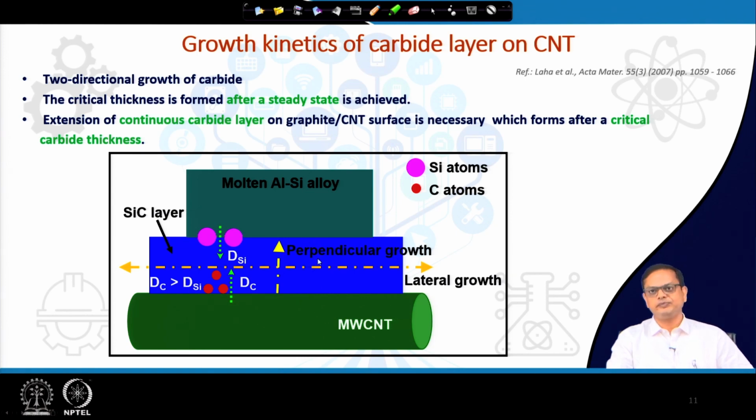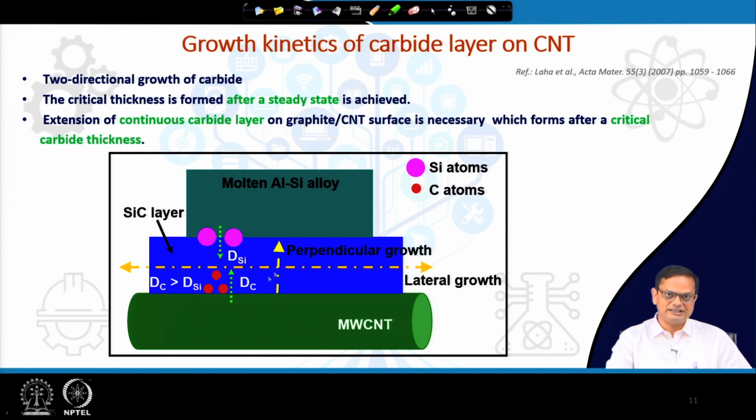If I consider that because of the defect density some amount of carbide will be forming, and we have checked earlier from the thermodynamics that beta silicon carbide formation is the most feasible, then let us consider that SiC is forming in between these two layers of molten aluminum silicon alloy and MWCNT.